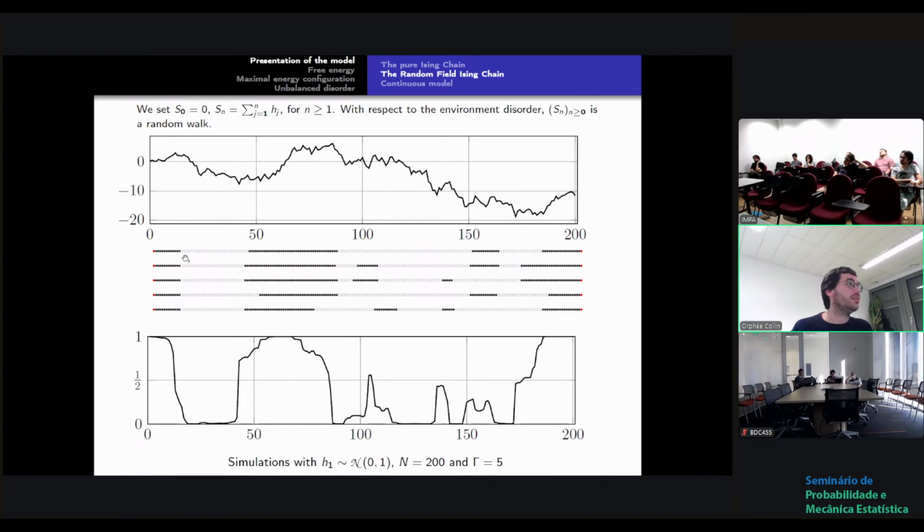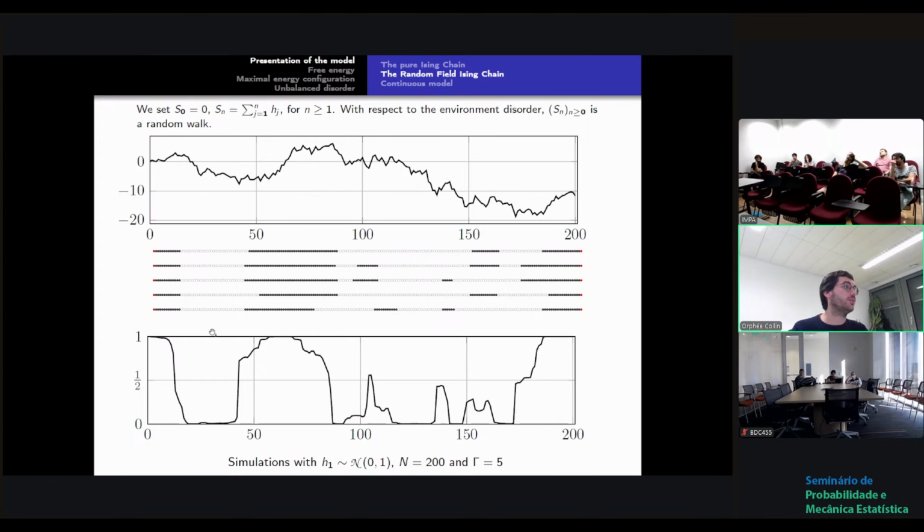And indeed, this minus domain corresponds to a fall in S, this plus domain to an ascension in S. So we will have to figure out how the potential influences the configurations. Here below is a plot of the probability that sigma n is equal to +1 as a function of n. And there you can see that, quite differently from the pure Ising chain, the probability is not close to 1/2. It's rather often close to 0 or to 1. Here it's not so clear.